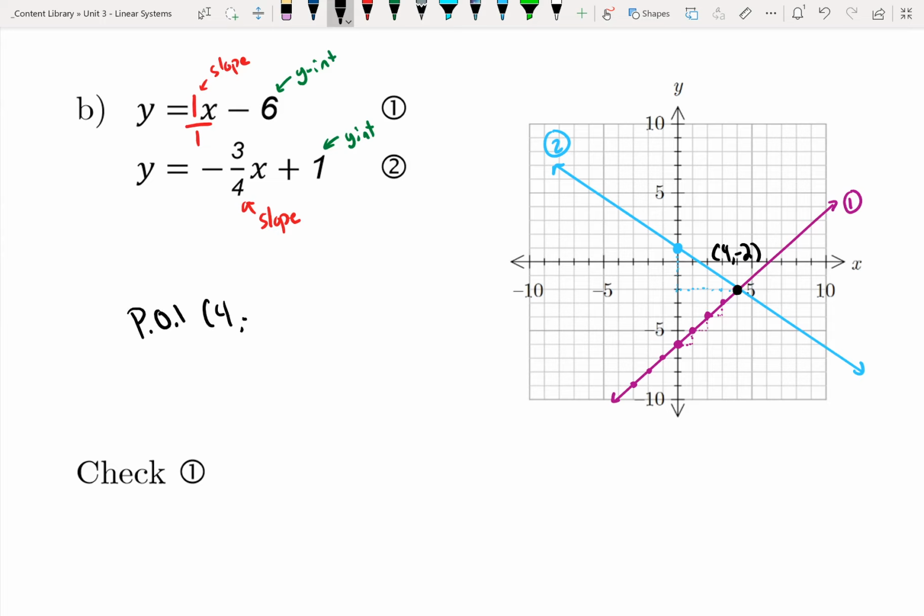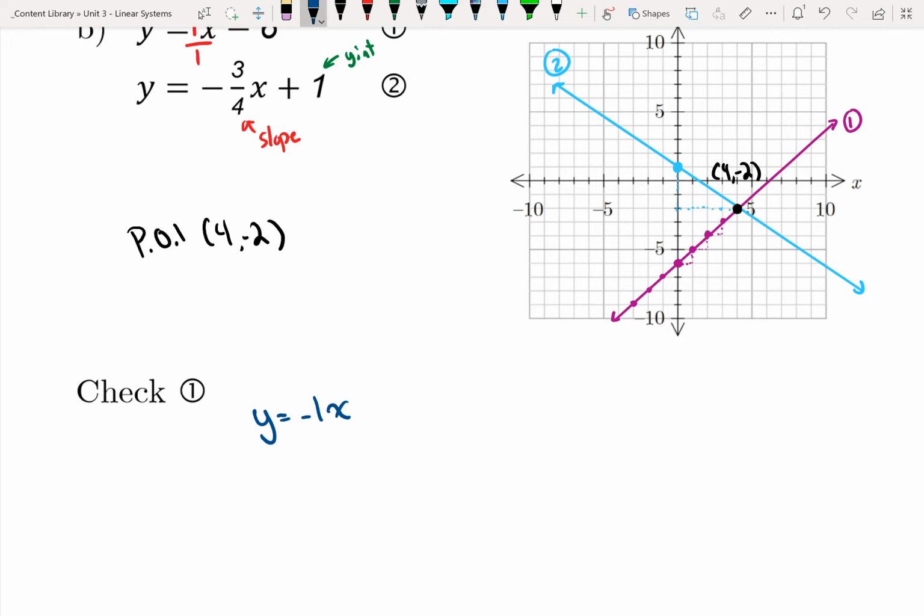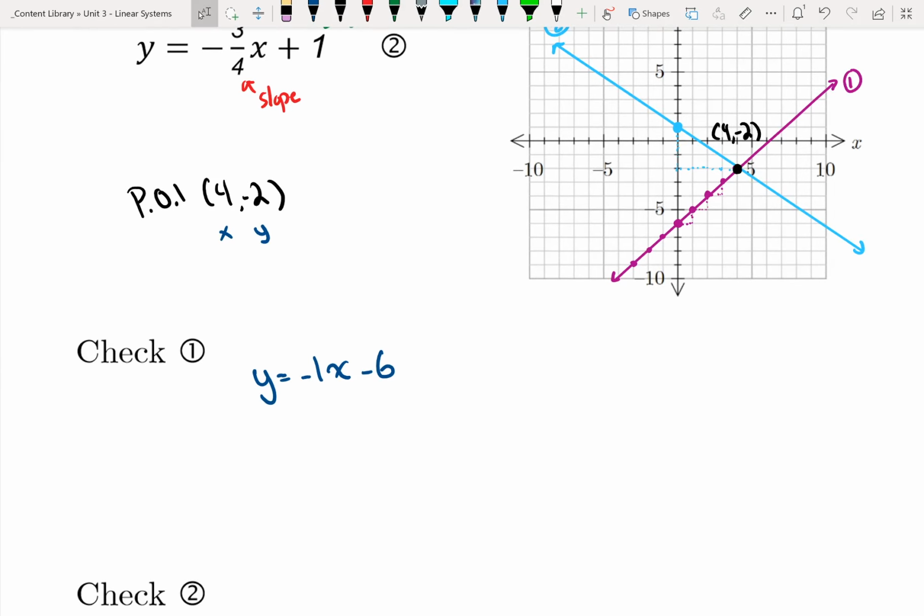So to double check to make sure that this point is correct, I need to take my 2 equations, y equals -1x minus 6 for the first one, and plug in the point 4, -2. Again, remembering that the point is just the value of x and y, so I can replace x and y with those values. So y becomes -2, which equals 1 times, instead of x, 4 minus 6.